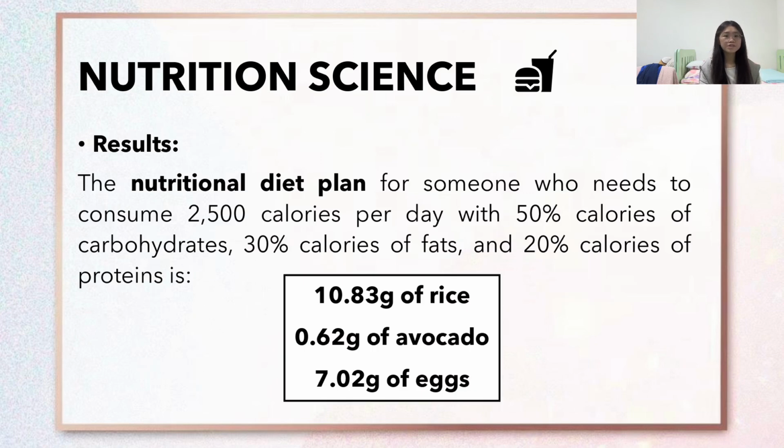So, the nutritional diet plan for someone who needs to consume 2,500 calories per day with 50% calories of carbohydrates, 30% calories of fats, and 20% calories of proteins is 10.83 grams of rice, 0.62 grams of avocado, and 7.02 grams of eggs.